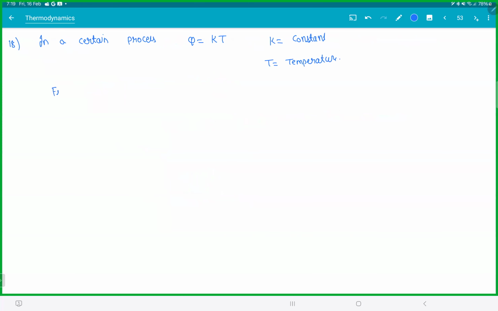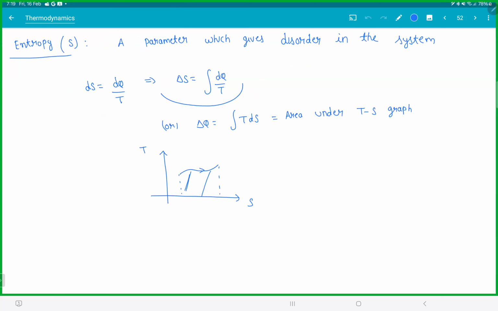Find the change in entropy when temperature changes from 100 to 200 degrees. Get this, easy one. This is the formula for entropy. Delta S is integral dQ by T.